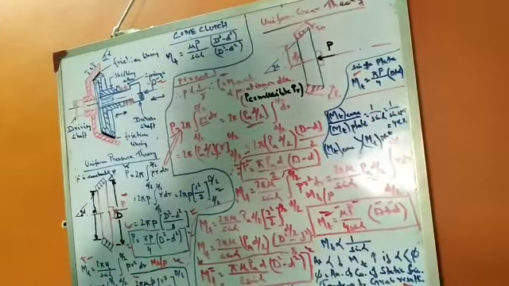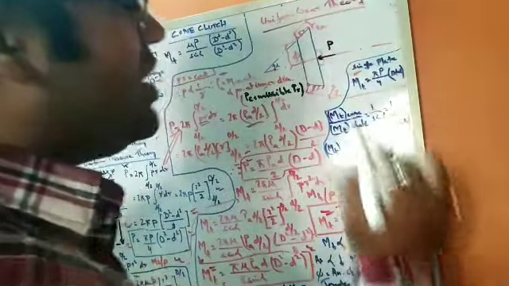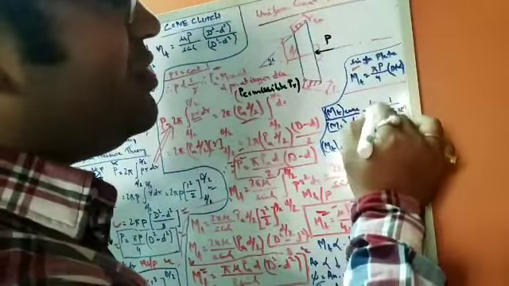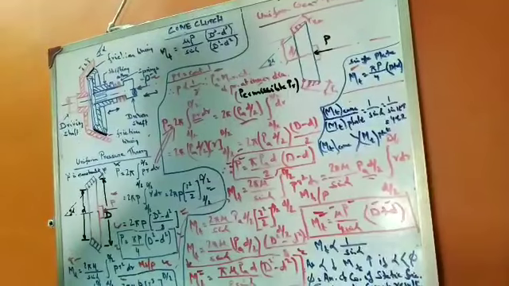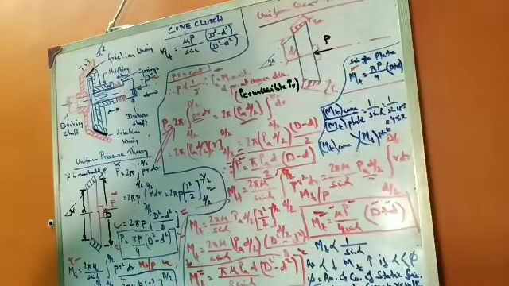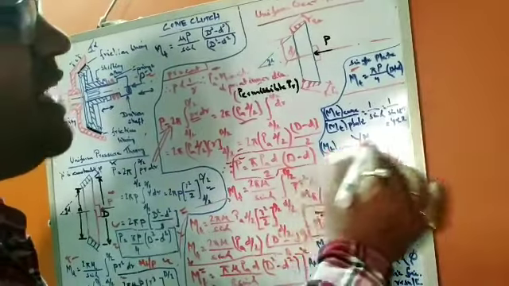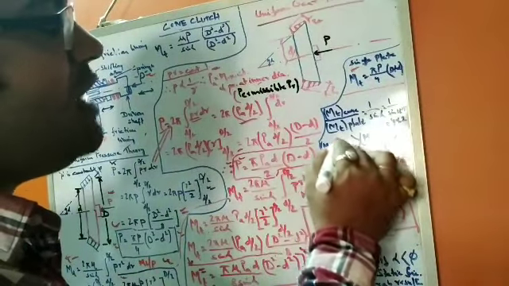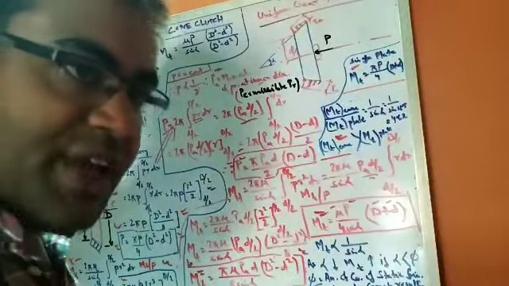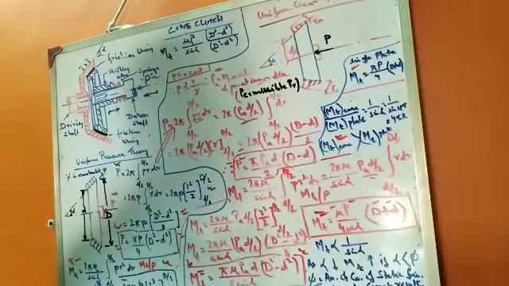So the torque transmitting capacity of the cone clutch divided by that of the plate clutch is 1 by sin alpha. If alpha is taken as 12.5 degrees, it becomes 4.22. So it is clear that the torque transmitting capacity of the cone clutch is higher than that of the plain clutch.